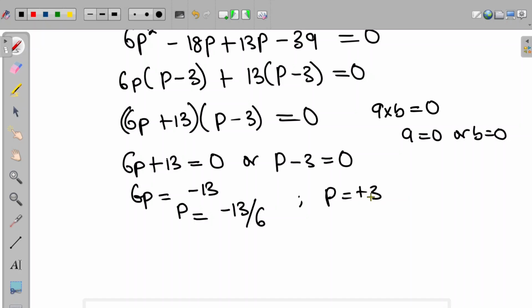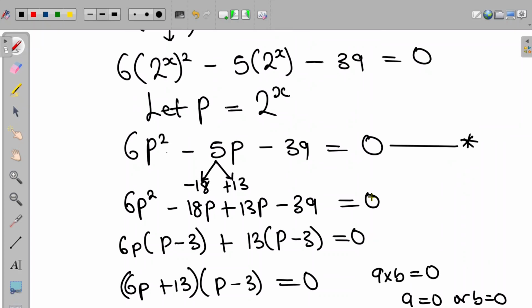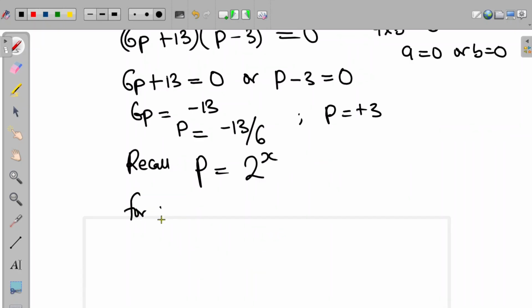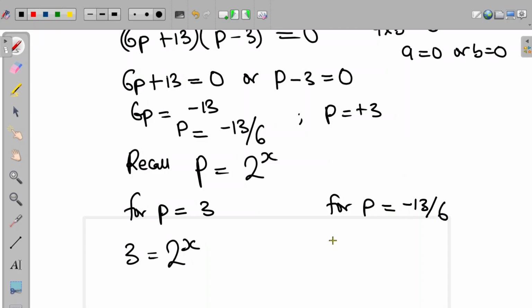But recall that we made a substitution that p is equal to 2 to the power of x. So for p equal to 3, we have 3 is equal to 2 raised to the power of x. And also for p equal to minus 13 divided by 6, we have minus 13 divided by 6 is equal to 2 raised to the power of x.